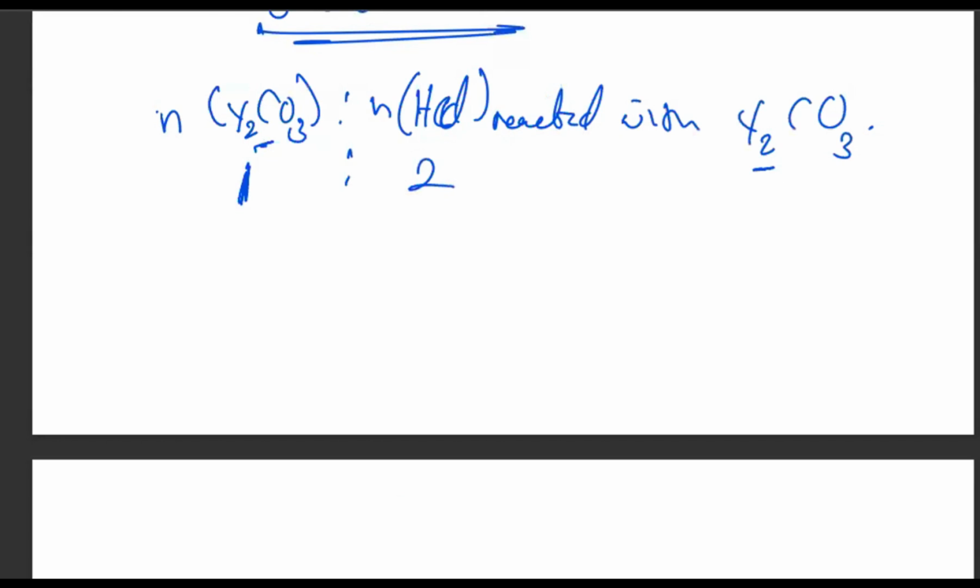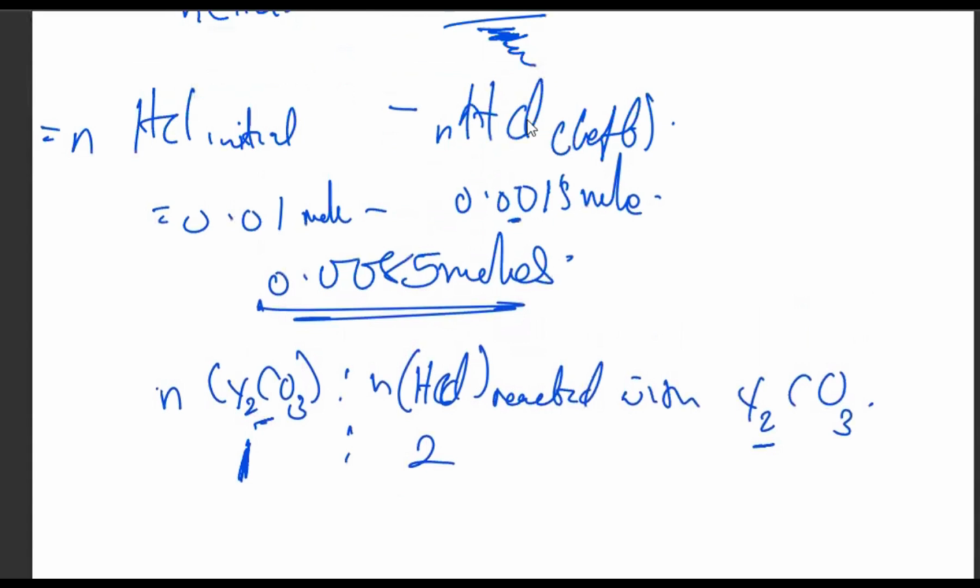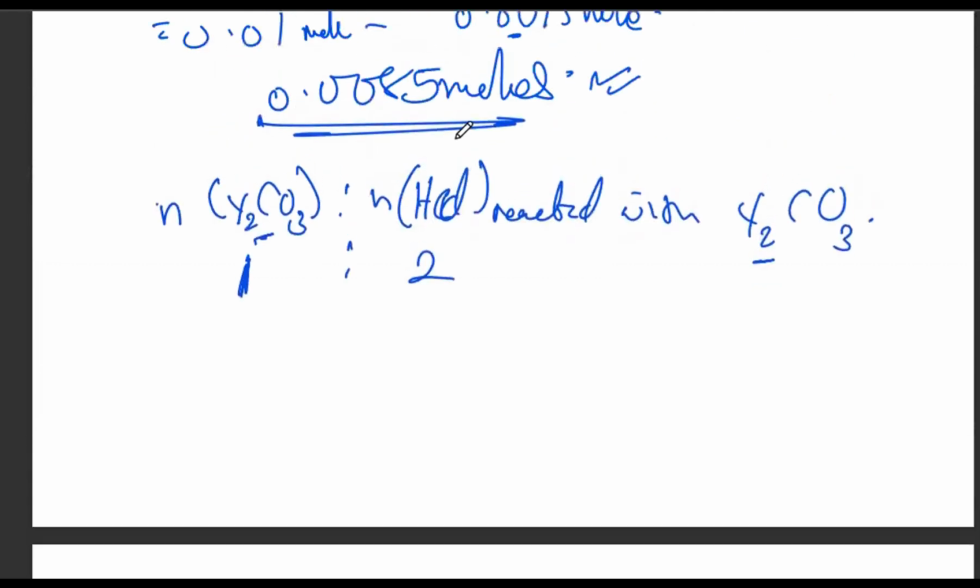So since I have the number of moles of hydrochloric acid which reacted, which is this, automatically I have to divide it so that I get the moles for Y2 carbonate.